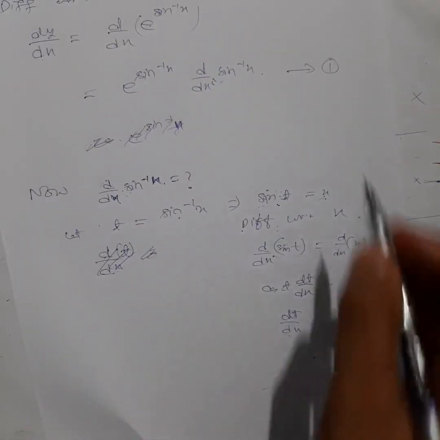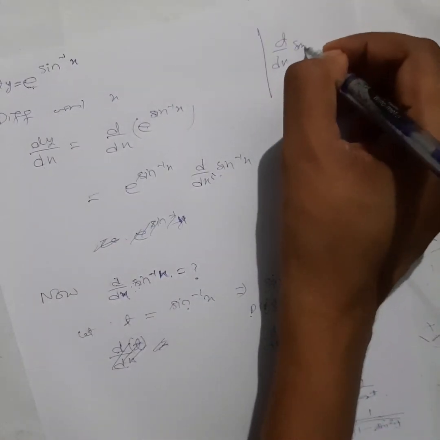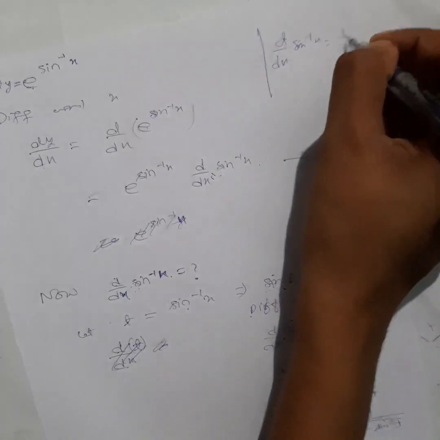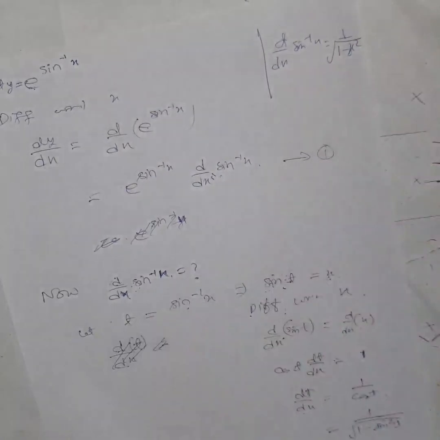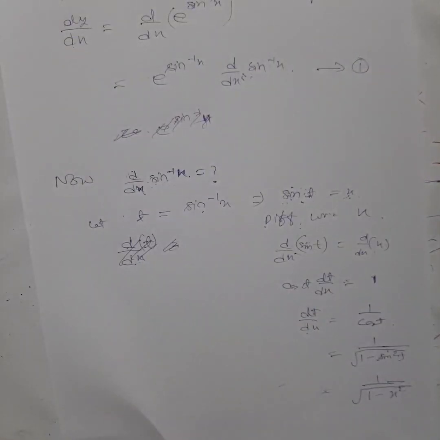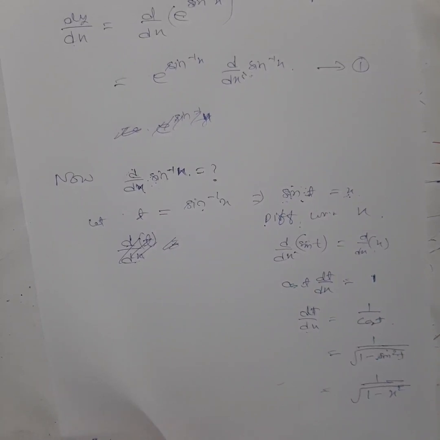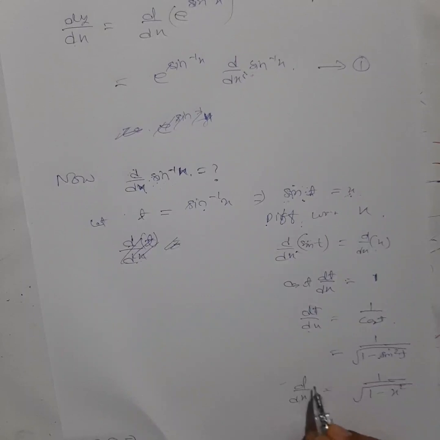So you can remember this one as a formula also. Always remember, differentiation of sine inverse x is always 1 by square root of 1 minus x square. Okay, so after this you can write down, therefore, we found dt by dx. T is what here?